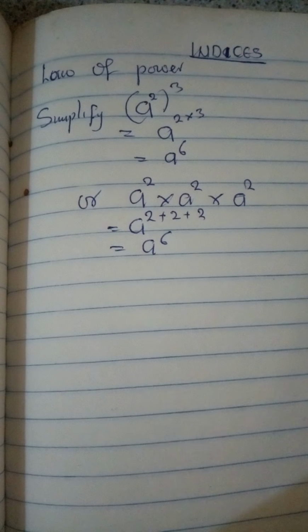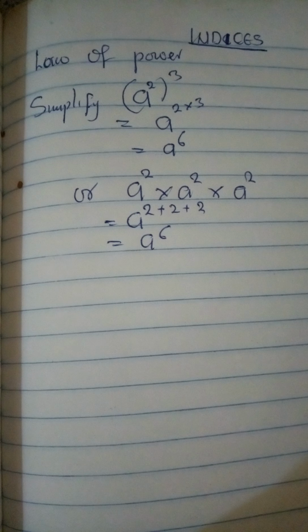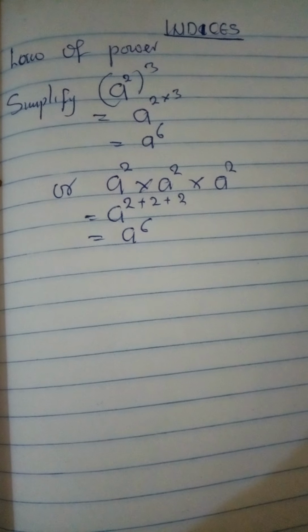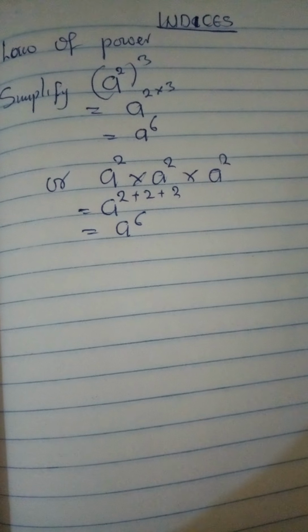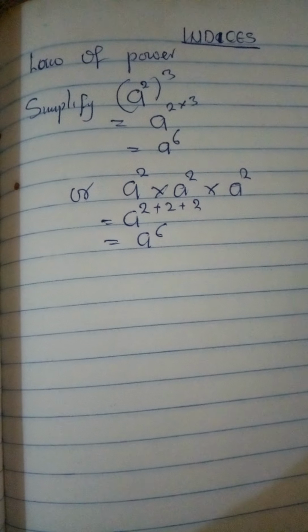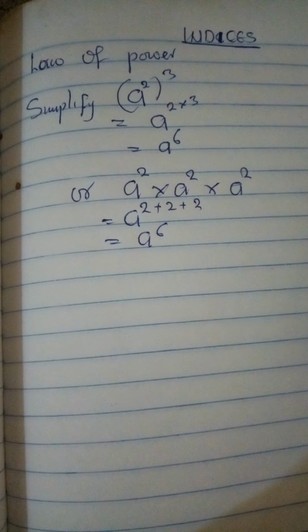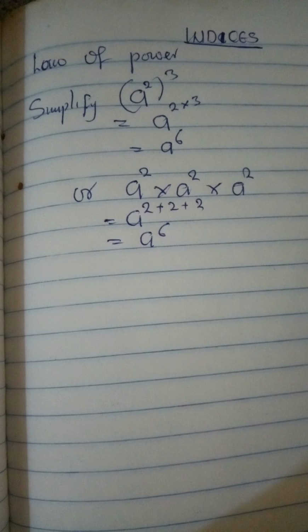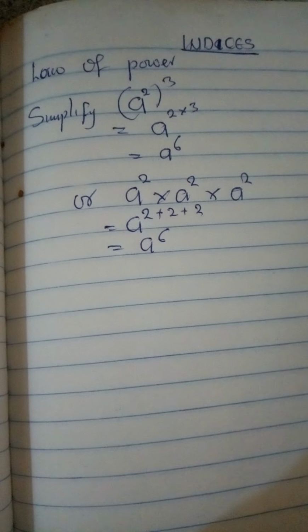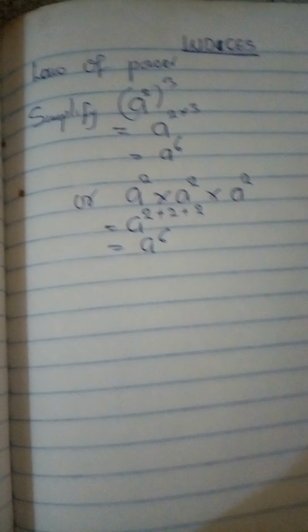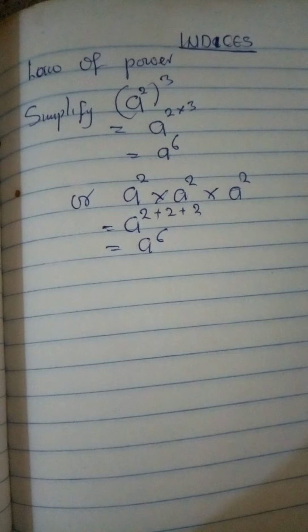So we brought it down to how we did in our first class in the law of multiplication. Very simple, very easy. Let me repeat the law again: when a number is being powered by another power, both powers will be multiplied to each other, just as I've done in the first one you are seeing there.